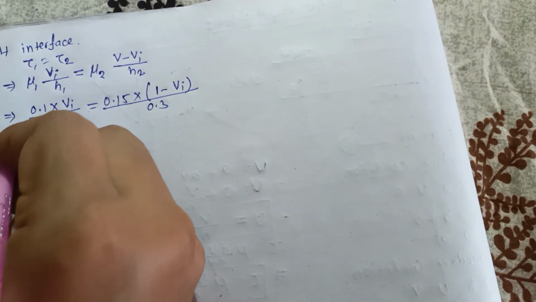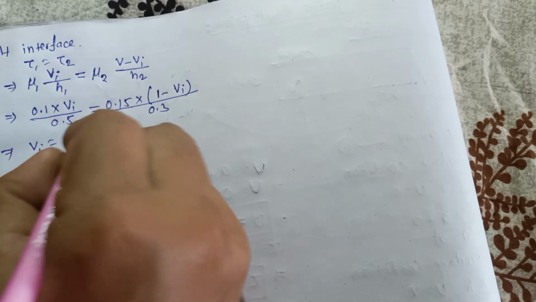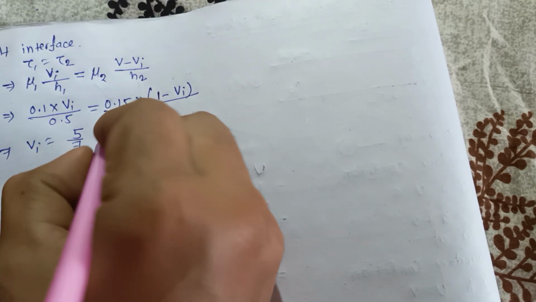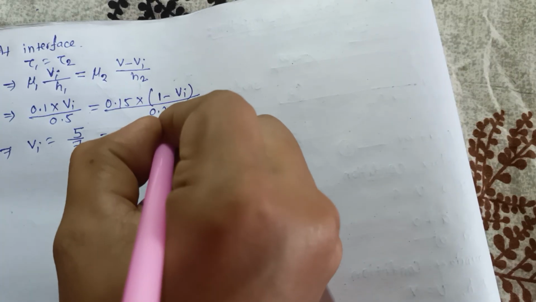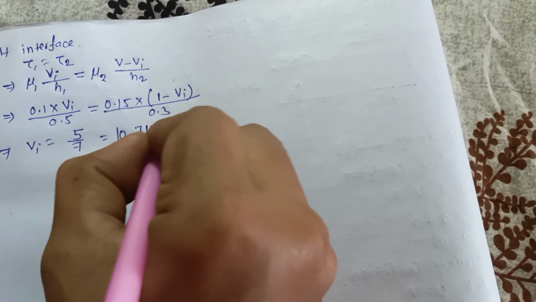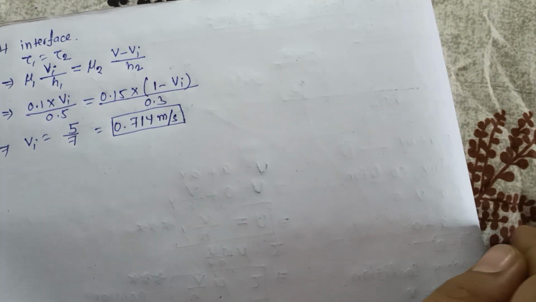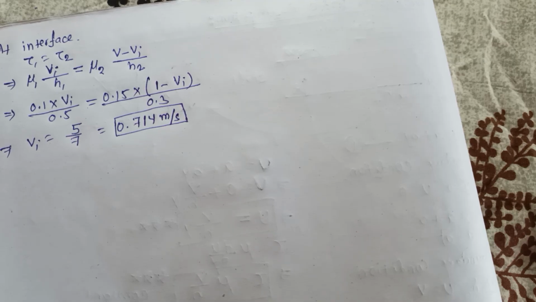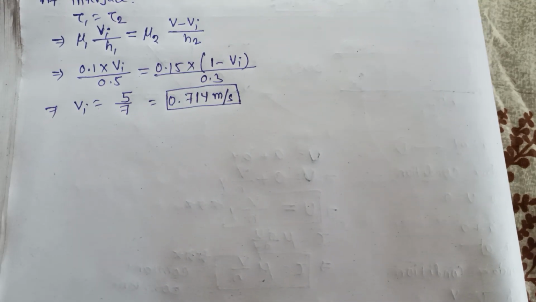From here Vi will be 5 by 7 meter per second, that is equal to 0.714 meter per second. So this will be our answer: the interface velocity will be 0.714 meter per second. This is a very important concept and an important question.